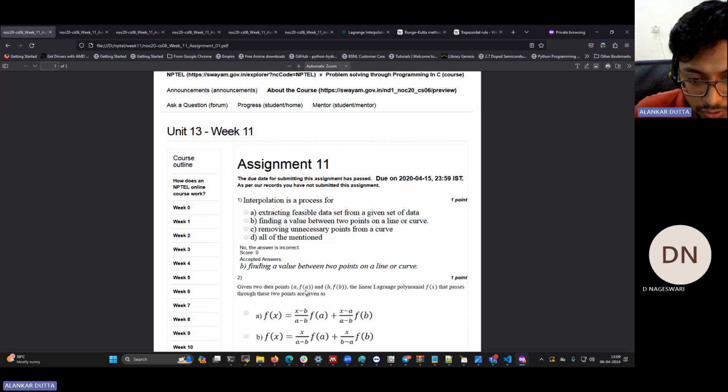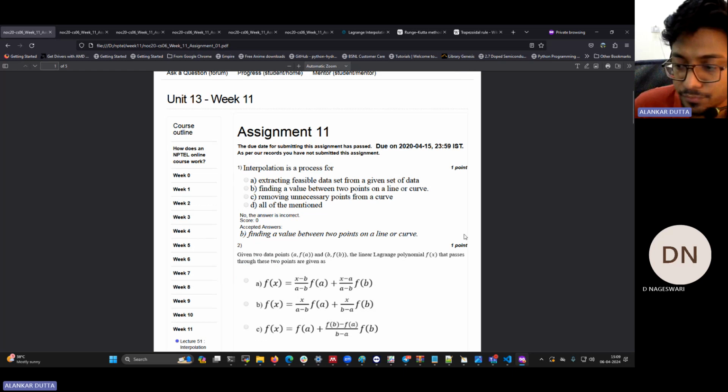Since you have just 2 points, the Lagrange polynomial is a linear function, of order 1, and therefore your interpolating polynomial will have only 1 power of x. So now let's find out, of these options, what would be the correct expression for the Lagrange polynomial which can interpolate between these points.